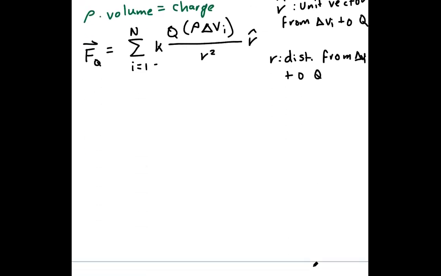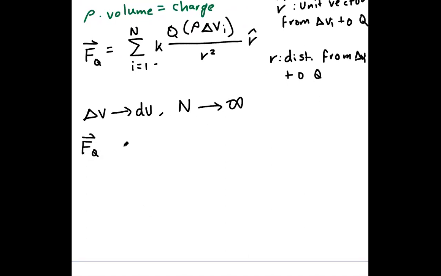Now, if we take n to infinity, that means delta V becomes dV, and n goes to infinity, we know that F sub Q can then be written in integral form.